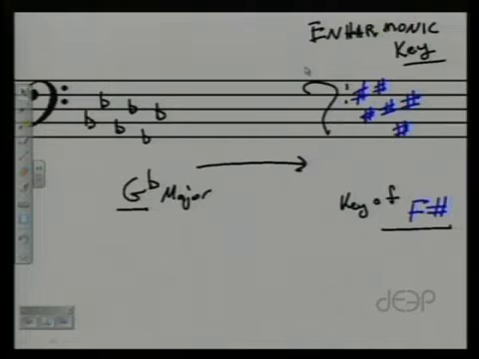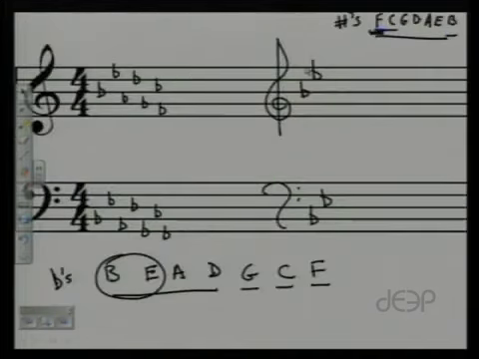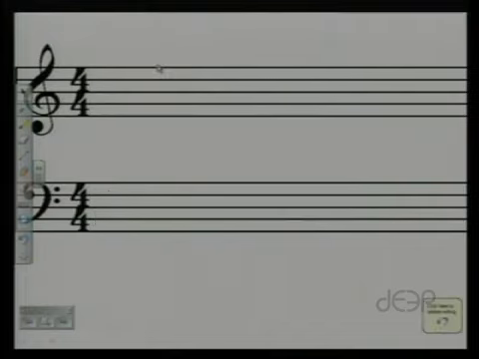And then finally, at the end on part 3, simply for each key indicated, write the appropriate signature in both clefs. And I think that should be fairly easy to understand. And so really what we're looking for is, for instance, on number 1, they ask for the key signature for B flat major.